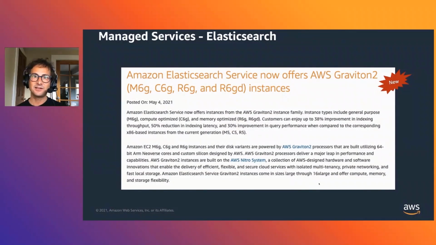The last addition to our families of managed services that support the Graviton2 based instances is Elasticsearch that we released early May. So you can now benefit from the M6G, C6G, R6G, and R6GD instances when using Elasticsearch on AWS. And you will get a better performance at a lower cost. So there's really no reason not to use them.